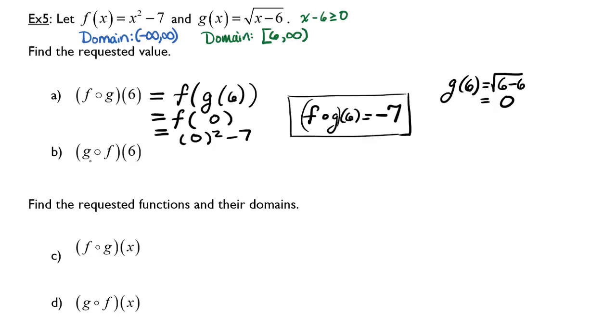Now let's do something similar with g of f of 6. F of 6 is equal to 6 squared minus 7. If I simplify that, I get 36 minus 7, which is equal to 29.